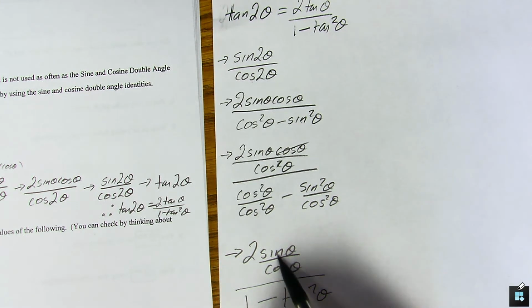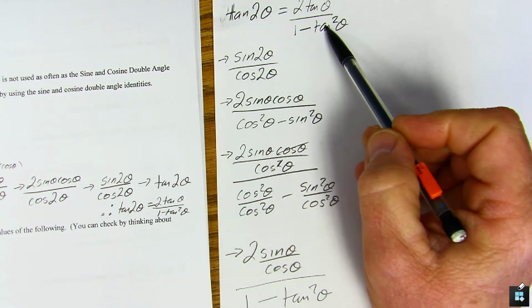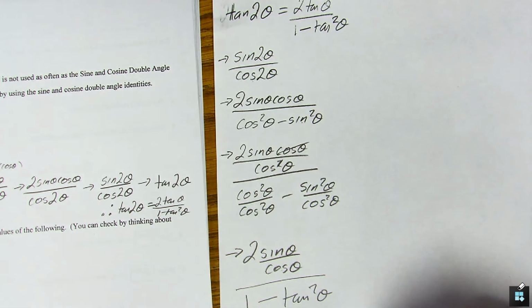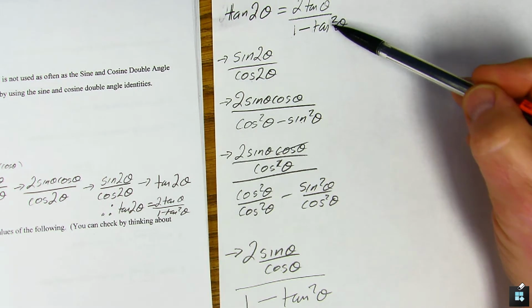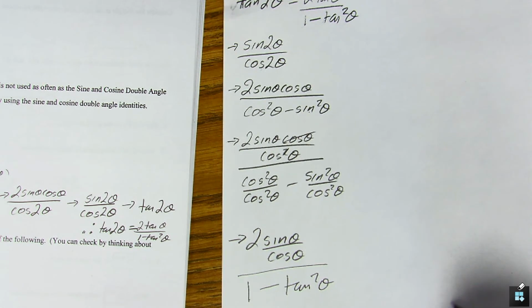And sine theta over cosine theta is tangent of theta, so 2 tangent theta over 1 minus tangent squared theta. And if you remember correctly, right back up here, we wanted to get 2 tangent theta over 1 minus tangent squared theta. So therefore we could say that the tangent of 2 theta is equal to 2 tangent theta over 1 minus tangent squared theta.